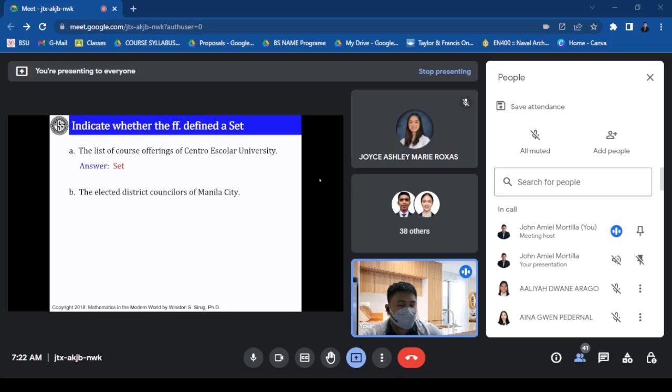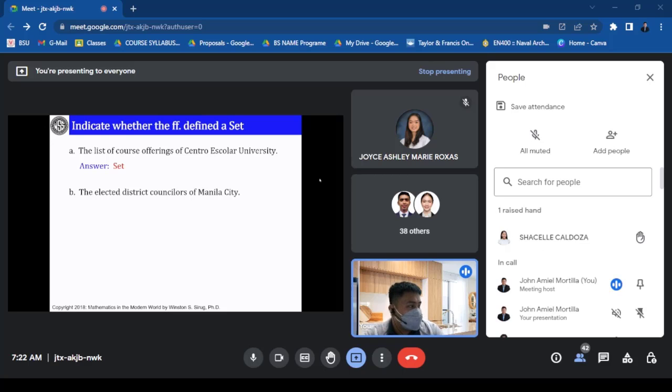Those are the course offerings. So those courses are elements within the set. Our set here is the course offerings of the university. Okay, so letter B, the elected district councilors of Manila City.